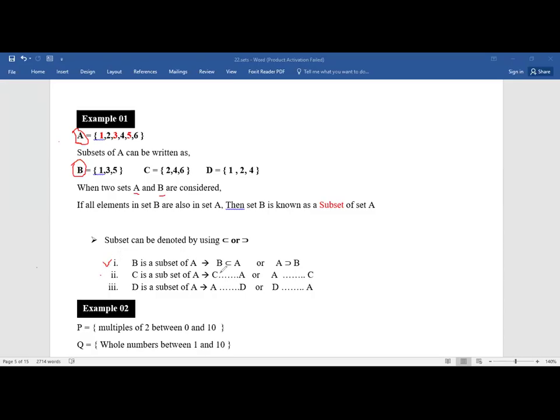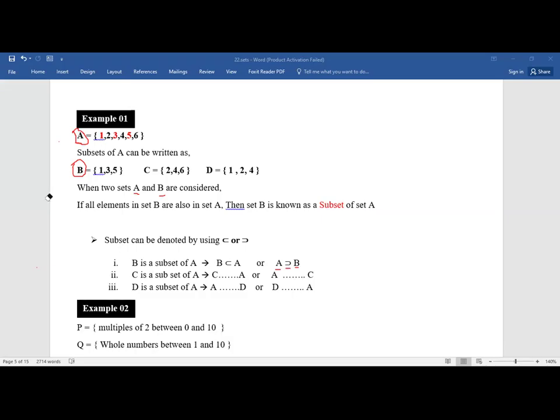B is a subset of A. And here you have C is a subset of A, D is a subset of A. Please fill the blanks. This is very simple. You have to put the symbol.